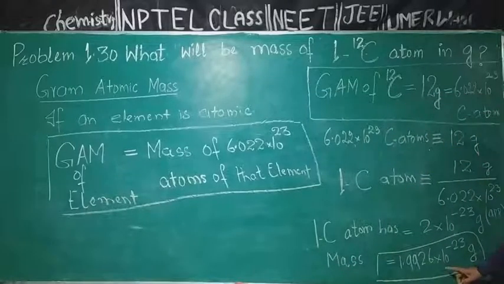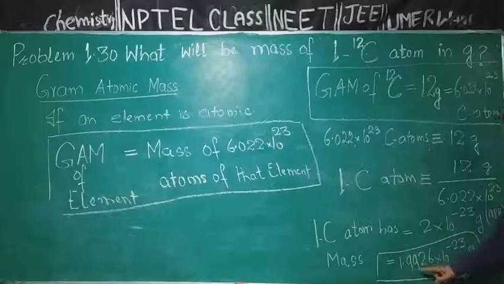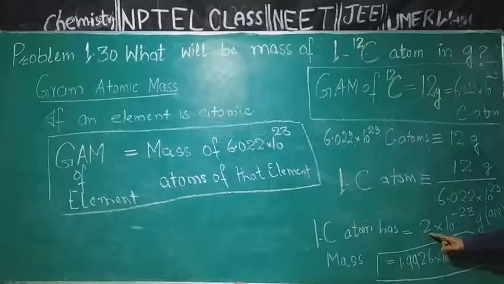This is the actual mass of one atom of carbon in grams. So if anyone asks you what is the actual mass of one atom of carbon, you have to answer 1.9926 into 10 raised to power minus 23 grams, or else you can say 2 into 10 raised to power minus 23 grams approximately.